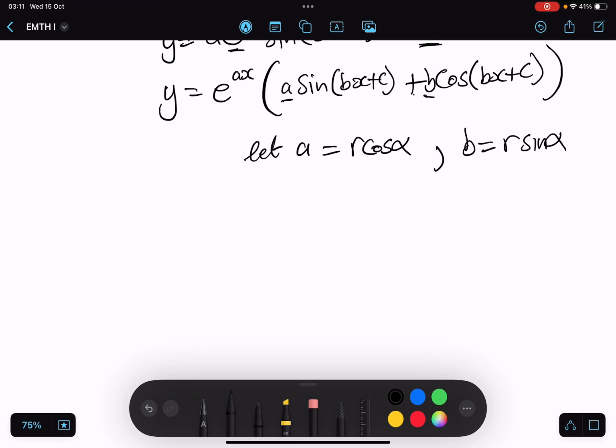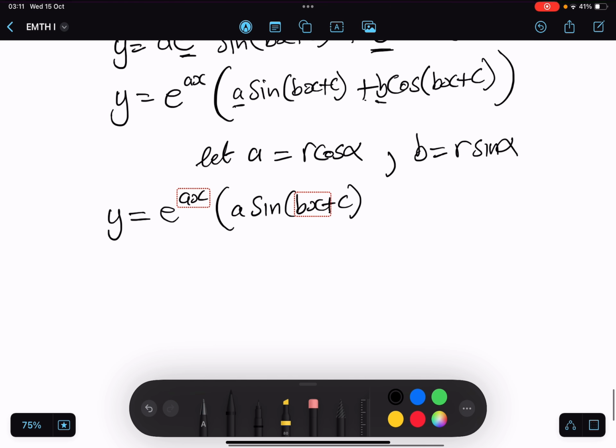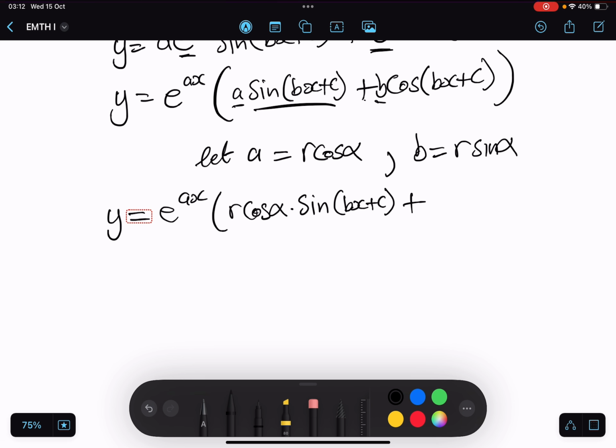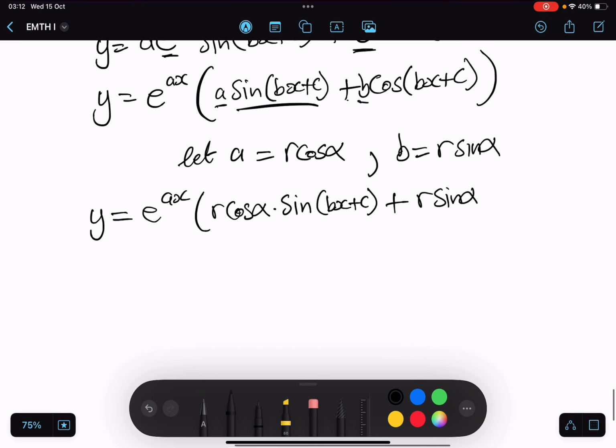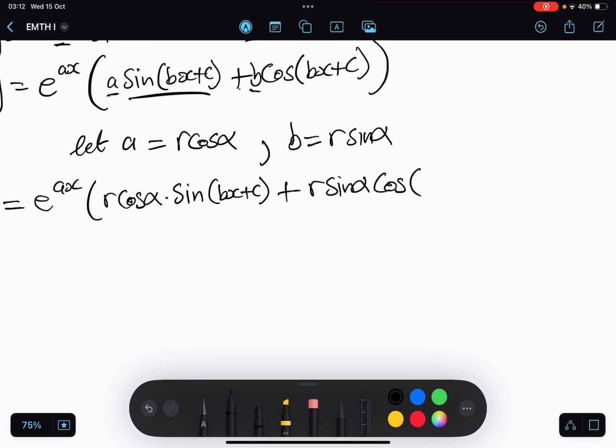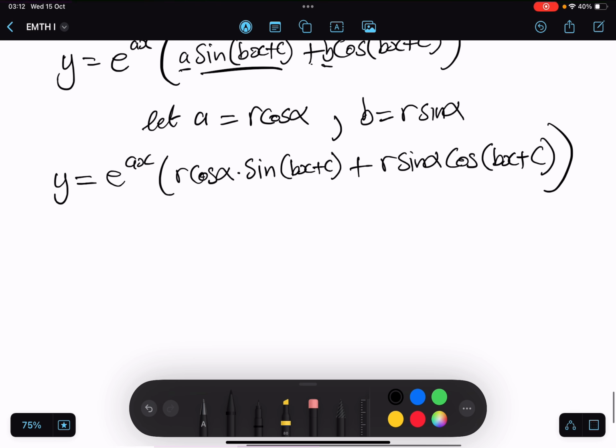So if you rewrite that, y1 is equal to e^(ax) times, instead of a, we're going to have r cos alpha times sin(bx + c), plus, instead of b, we're going to have r sin alpha times cos(bx + c). So now from here we can factor out r.